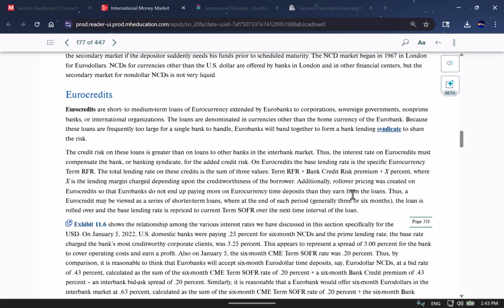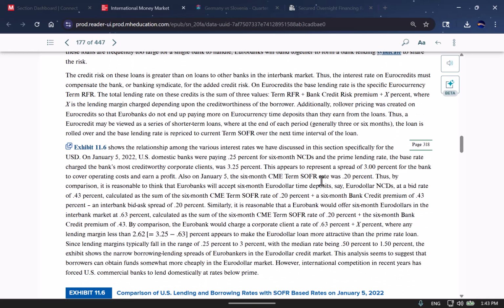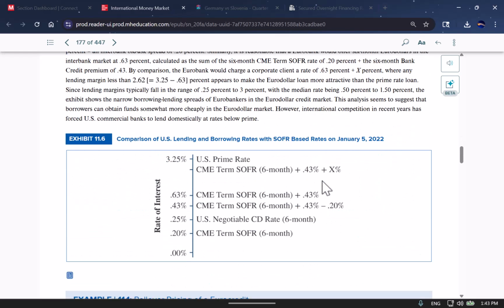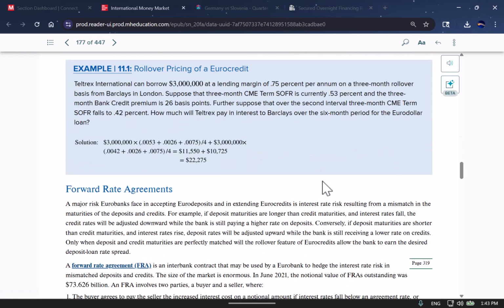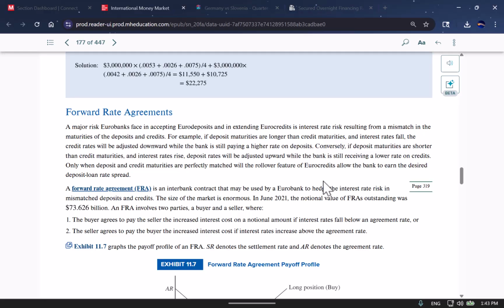From that, you guys are going to get an extensive homework assignment. Now, sometimes to manage the interest rate risk, if you want to do this with a counterparty, you can get into forward rate agreements.